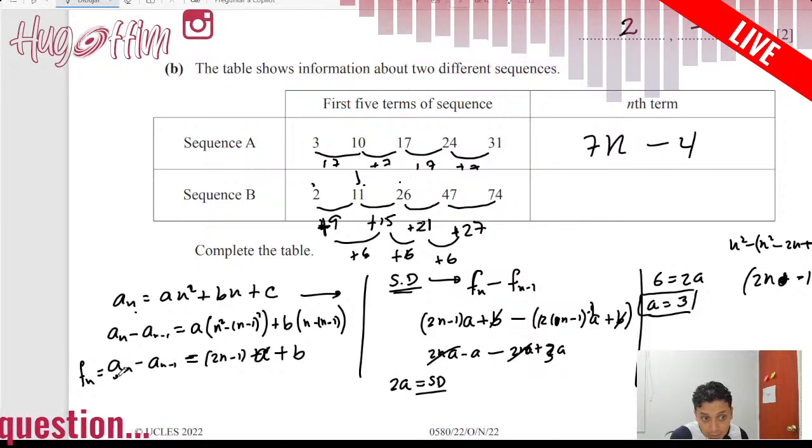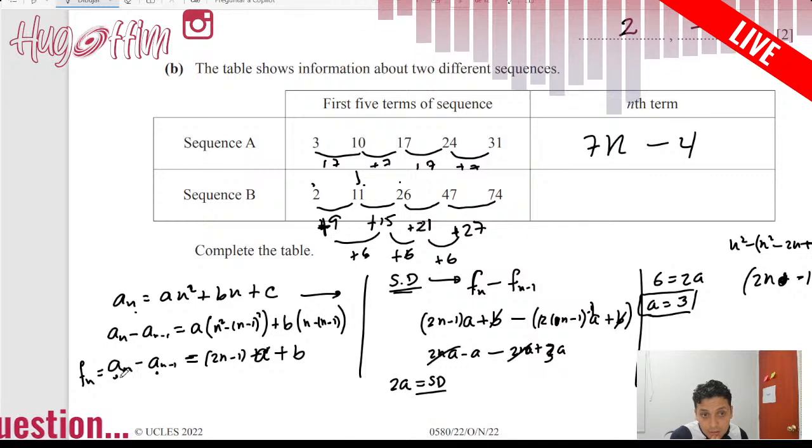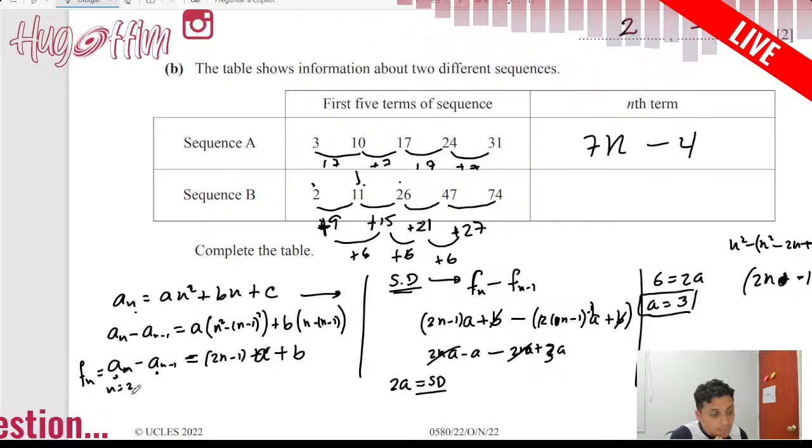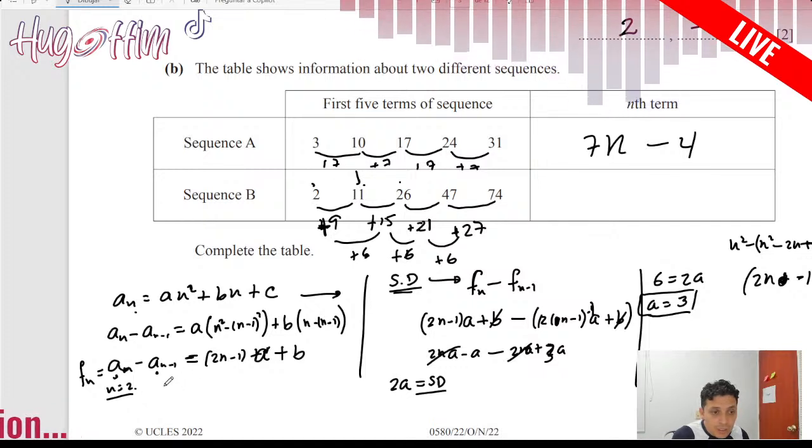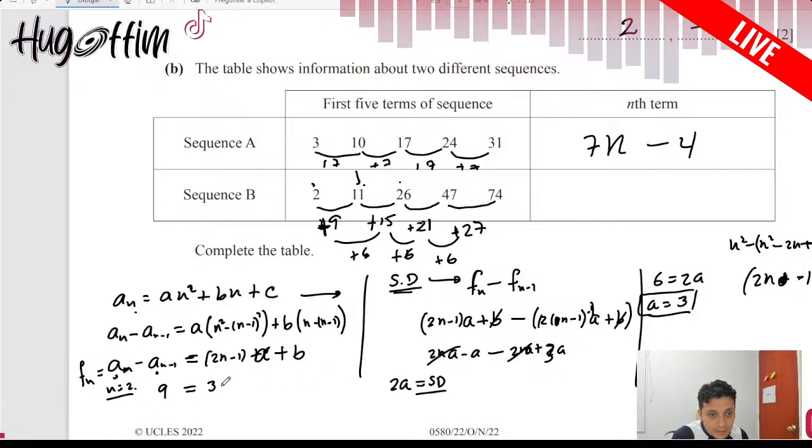So a sub n minus a sub n minus 1, I'm going to use n equals 2. If I use n equals 2, I get 11 minus 2, that is 9, equals 4 minus 1, that is 3, times a, that is 3, plus b. So b is 0.